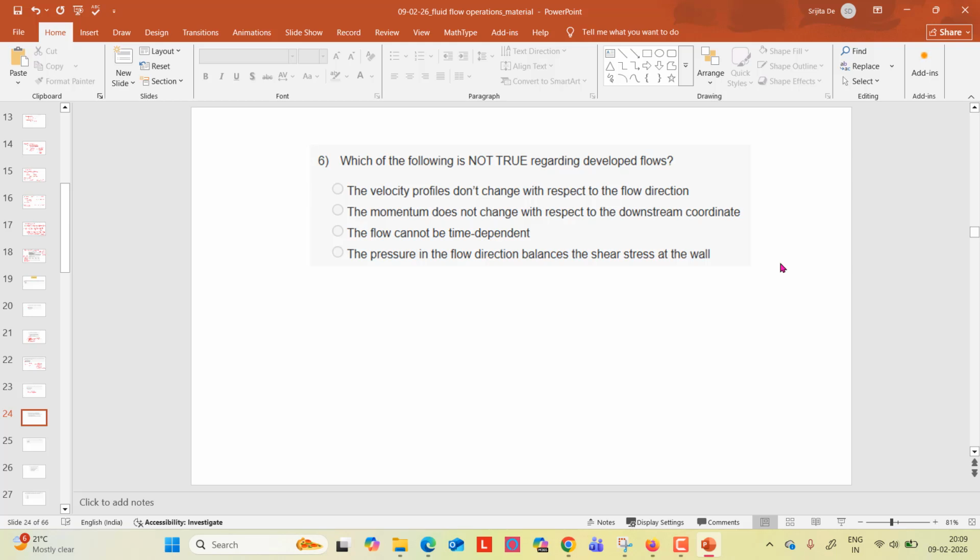The pressure in the flow direction balances the shear stress at the wall. Which one is true? Tell me. Fully developed flow means the velocity profile does not change anymore with the flow direction. The momentum also does not change, but it can be time dependent. So option C is not true for this case.